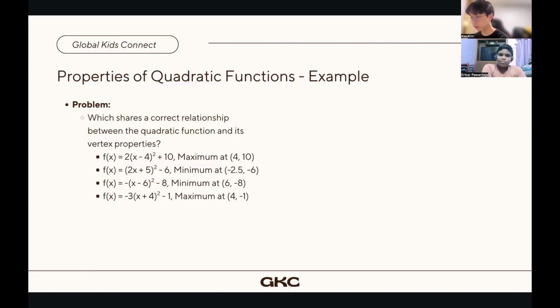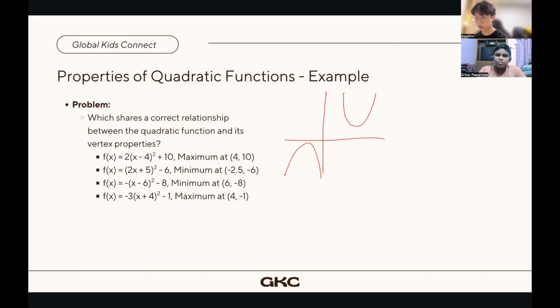Then it says whether that quadratic equation has a maximum or a minimum, and what the vertex point will be. Before we try to find each vertex point, we can utilize the direction the parabola opens to see if it has a maximum or minimum.